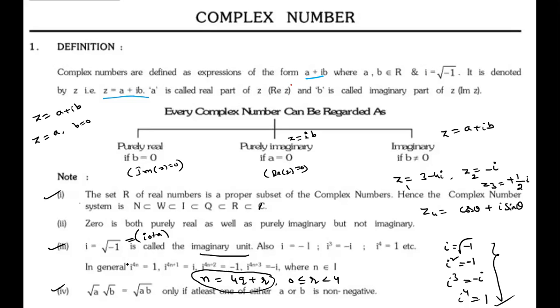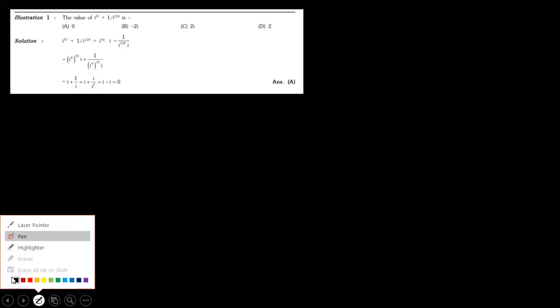I will explain one example. n is equal to 4q plus r, where r can be 0, 1, 2, 3.